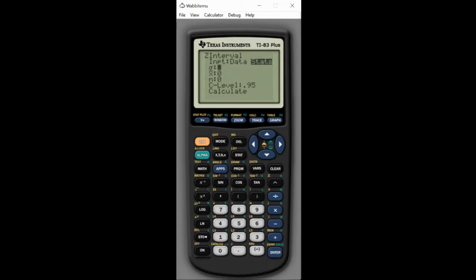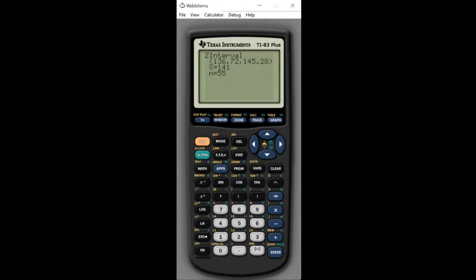My sigma should be 1930. My X bar we said was 141, and my N we said was 55. For the first confidence interval, I'm going to put 0.90, then go down to calculate, hit enter, and here are my numbers.